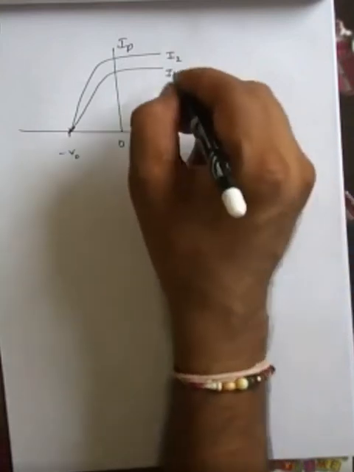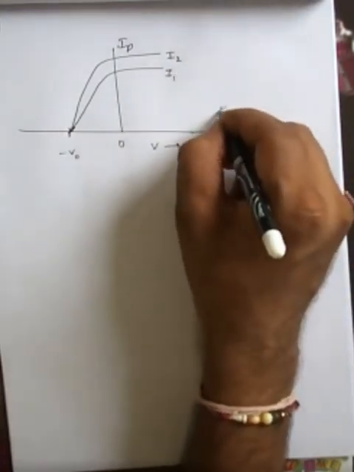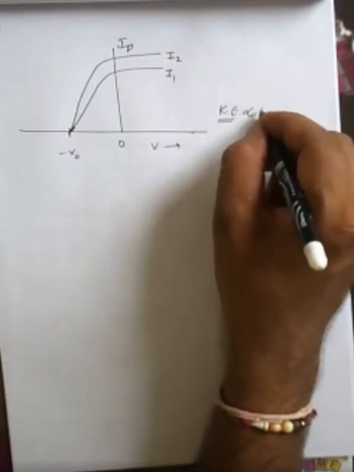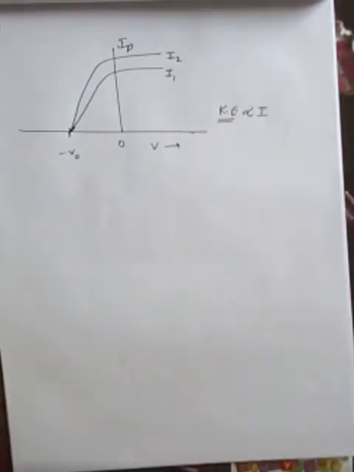So classical physics says that the kinetic energy of the electrons is proportional to the intensity of the radiation.